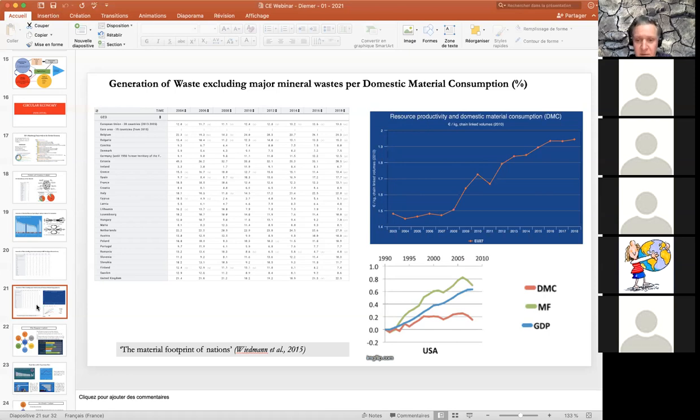And if you do this, you start to understand that the big question of decoupling becomes a big issue here. Do we believe that we can decouple economic growth and consumption? I think it's a very hard time, and many reports put limits on the way to understand decoupling.